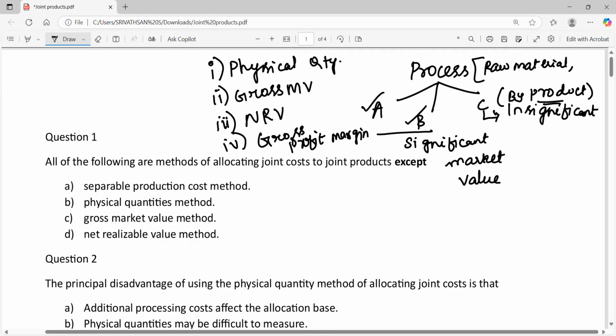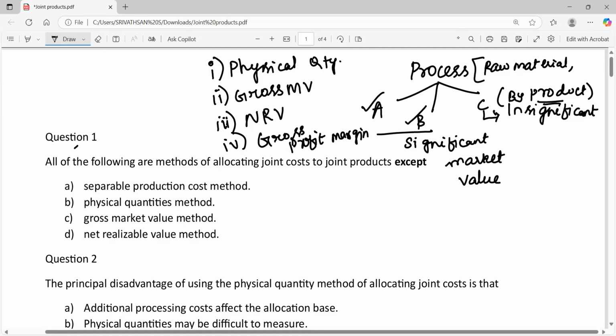So these are the four methods that are used for allocating the common cost to the joint products. In this video, we will discuss all the four methods. So let's start with the questions.